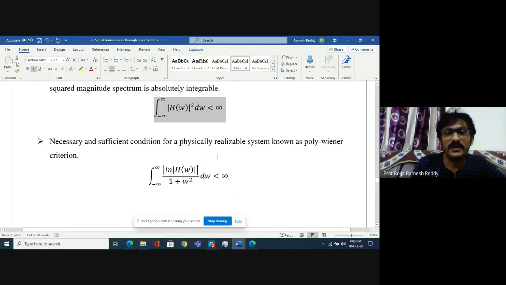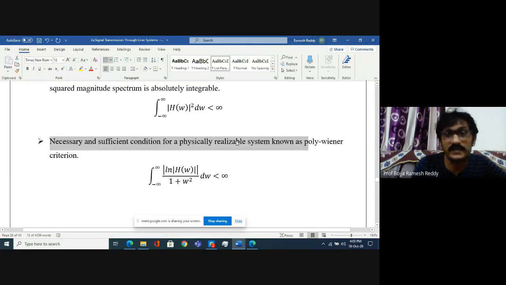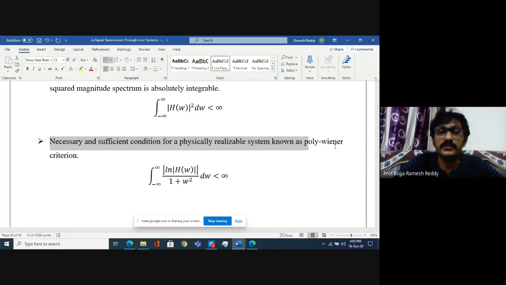Another one. Finally, the necessary and sufficient condition for every physically realizable system is called the Paley-Wiener criterion. Every physically realizable system must satisfy this restriction. It is a necessary statement, the same as the squared magnitude spectrum being absolutely integrable.